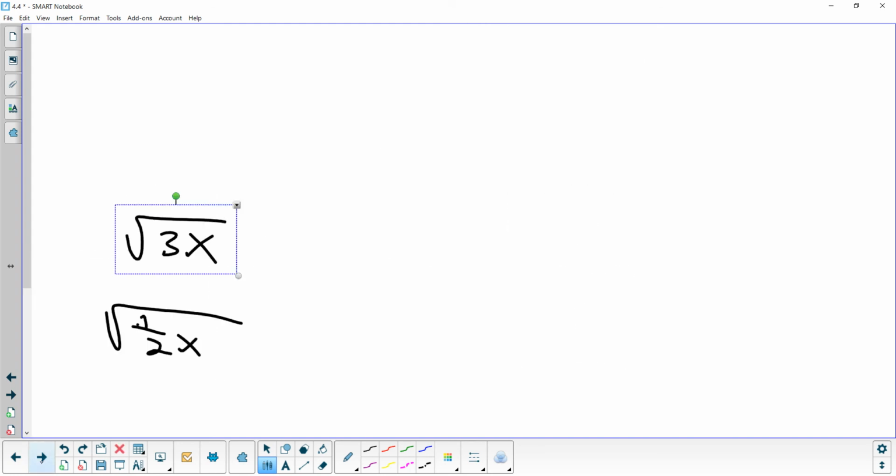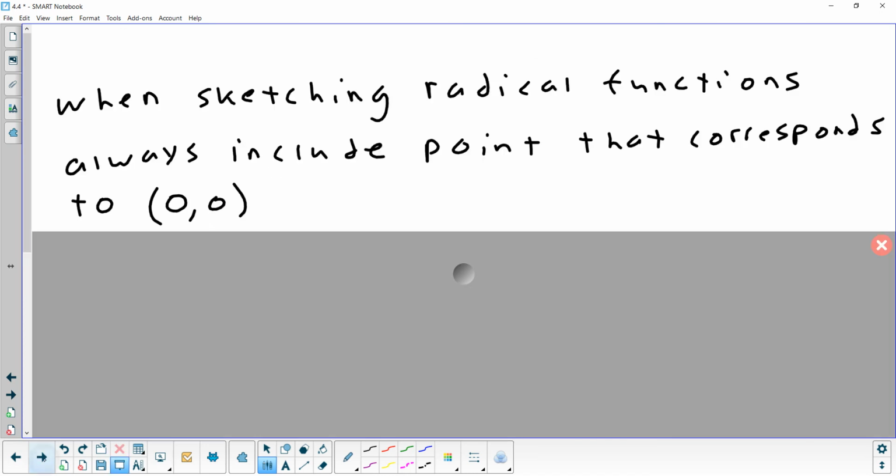All right, so let's look at doing a few sketches. Whenever we want to sketch one of these graphs, you always want to include the point that would have been at the origin. For an even root, that's a start point. For an odd root, it's the center.